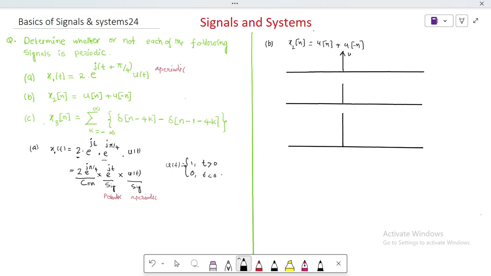So the first one is u of n. It starts from 0.